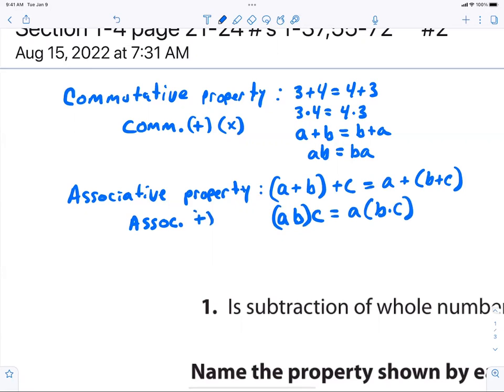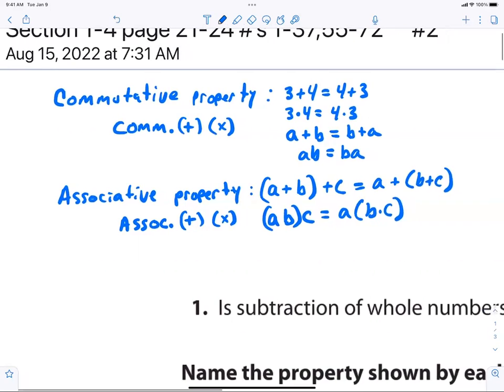That would be the associative property of addition and multiplication. That's what you have. Anybody have any questions with that? So those are basically the two properties. We have 3 more to go. Very simple.